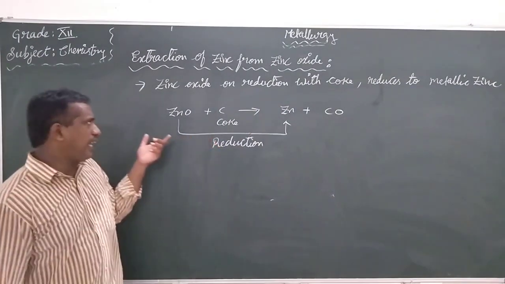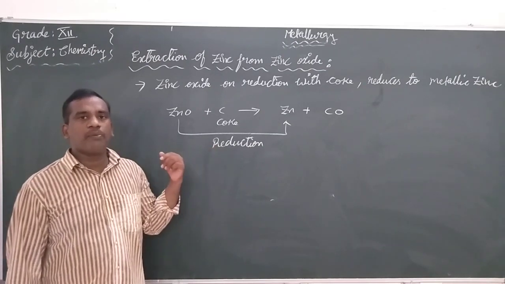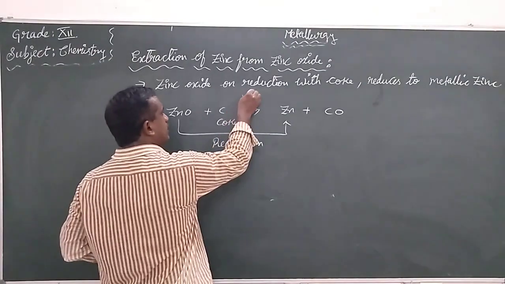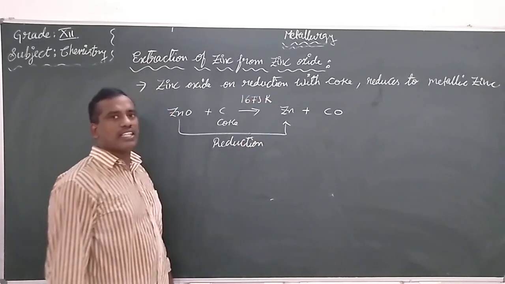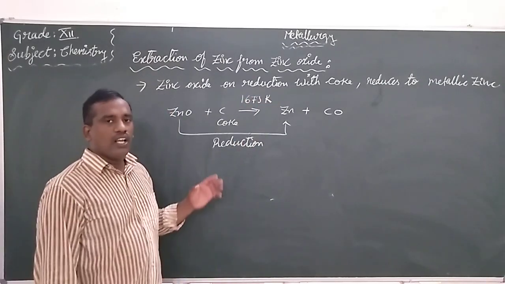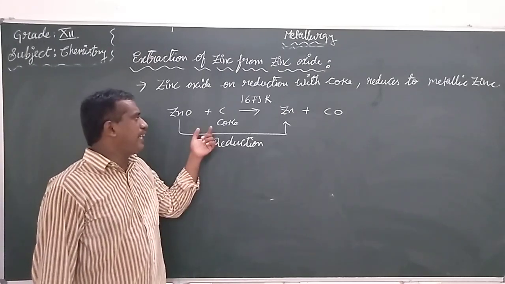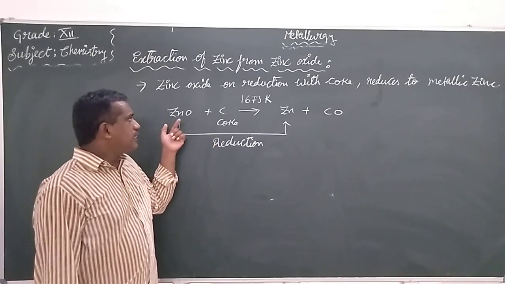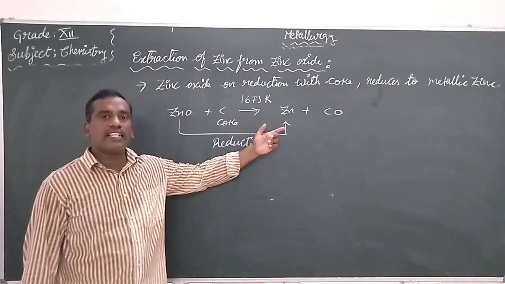This zinc oxide, when reacted with coke at a very high temperature, above 1673 Kelvin, will undergo reduction to form metallic zinc.